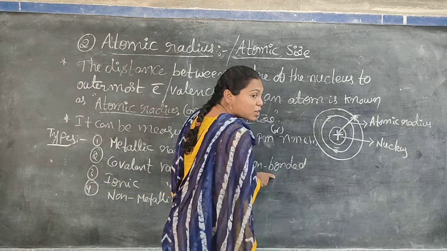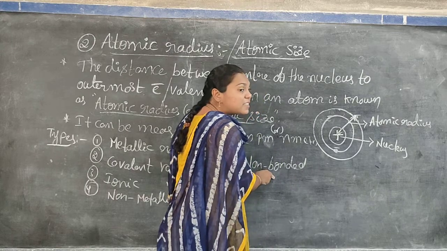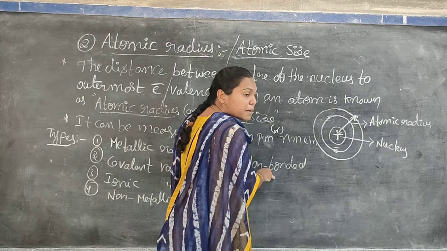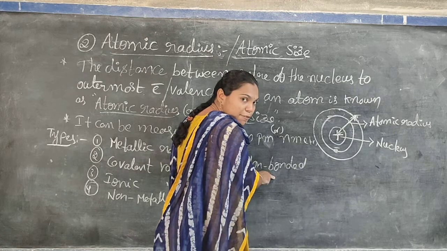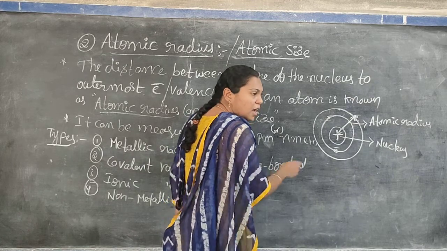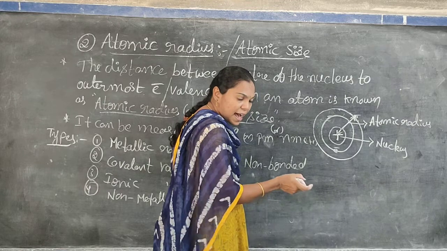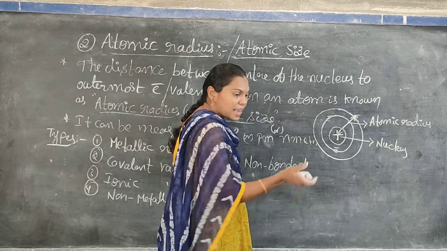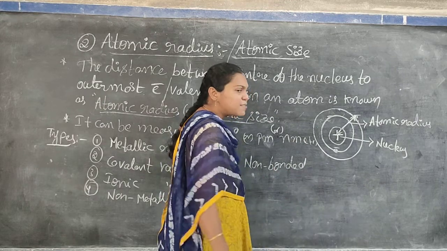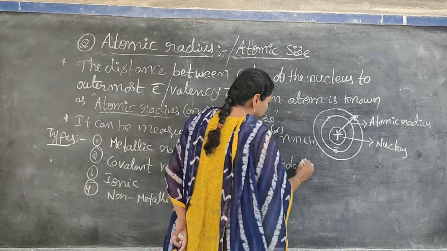Non-bonded atomic radius means there is just an attraction between two elements, but they cannot form a bond. That attraction forms one ray or one line, and that line is measured in the form of atomic radius. We call this the non-bonded atomic radius.